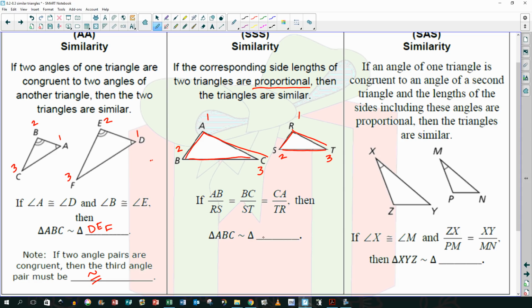So ABC must be similar to RST. When you check the side lengths, they have to have the same scale factor. So this fraction equals this fraction equals this fraction, which has to equal your scale factor. So remember that K is your scale factor.